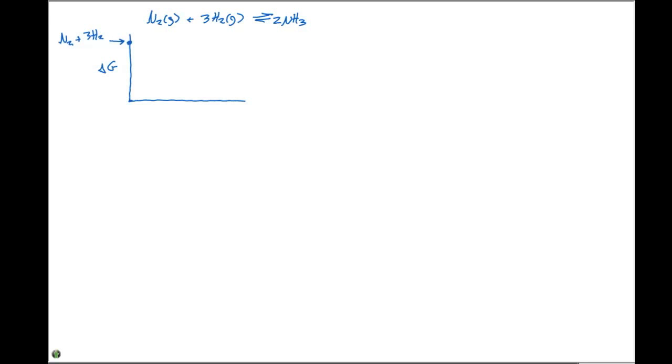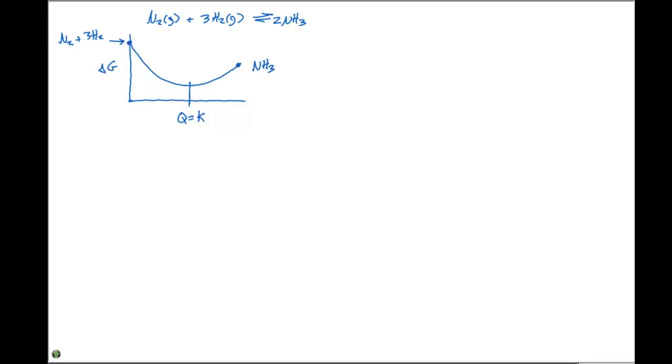So we typically draw this process as a well that looks like this. Over here on the other side, this would be pure ammonia, or pure NH3. This point at the bottom of the well is going to be the equilibrium. And at equilibrium, our Q is equal to K.